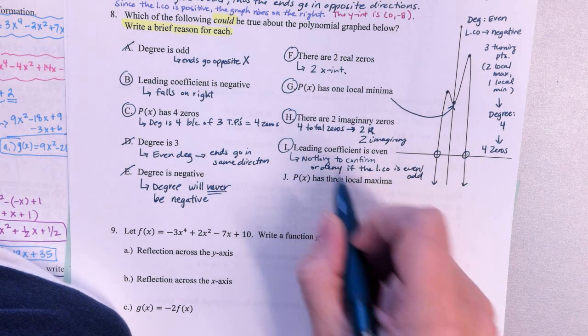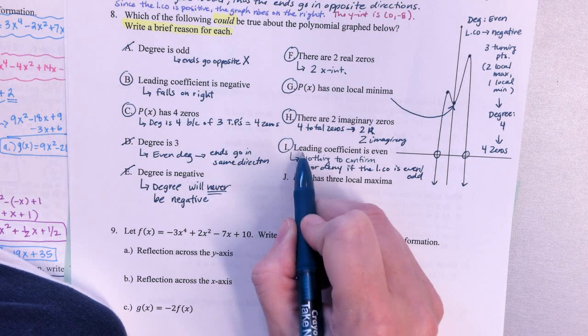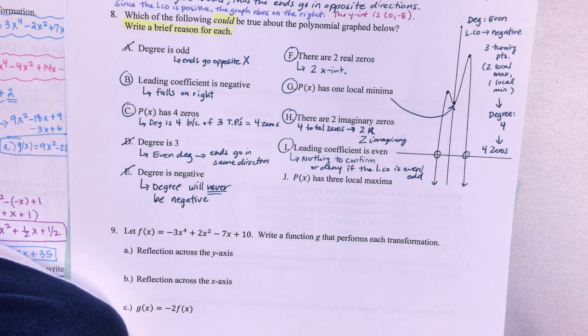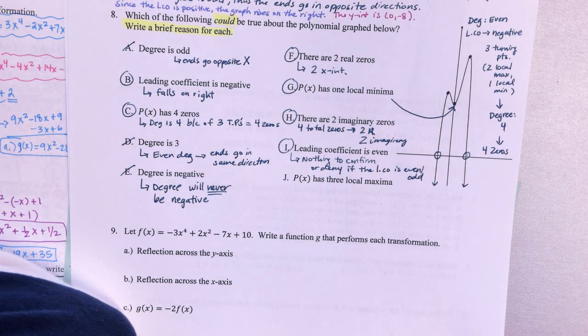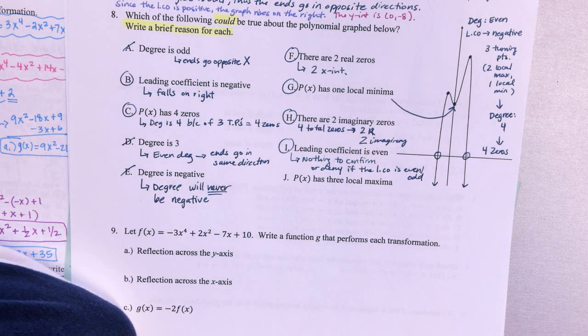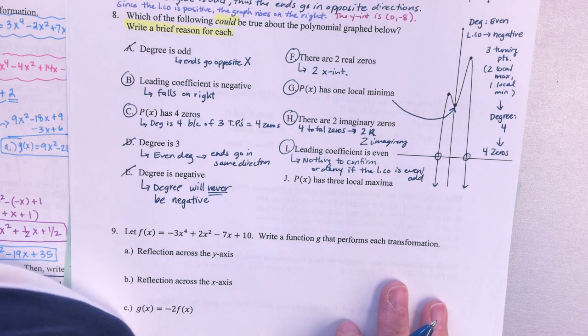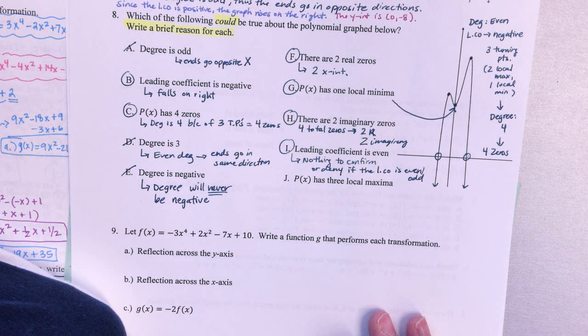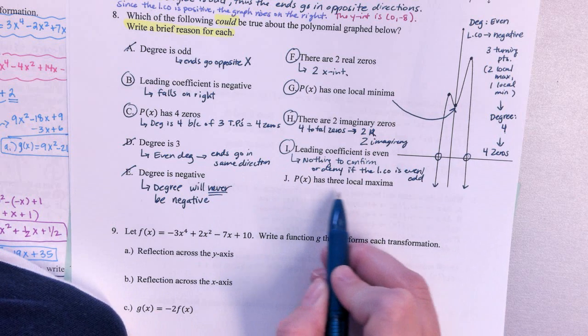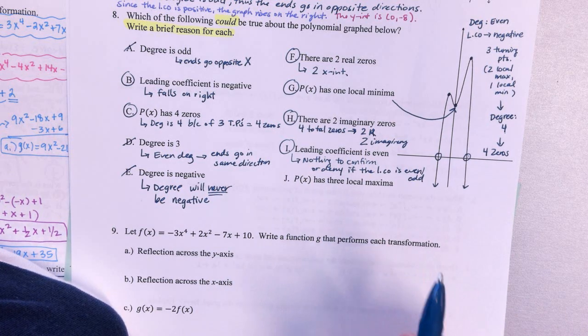Okay, so the only thing that we worry about in terms of the leading coefficient is if it's positive or negative. Okay, it could be a positive even number or it could be a positive odd number. We don't know. Okay, so that one could be true. Okay, and then for J, P of x has 3 local maxima. Could that be true?